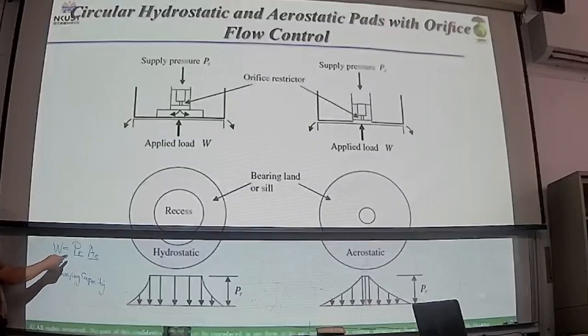So the next step, we want to calculate the recess pressure, the pressure right after the restrictor. Okay.